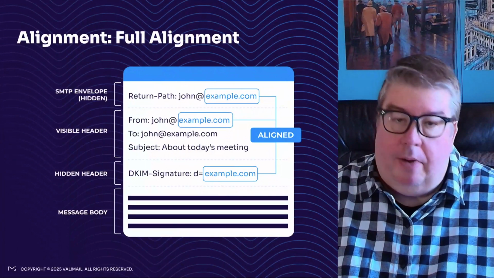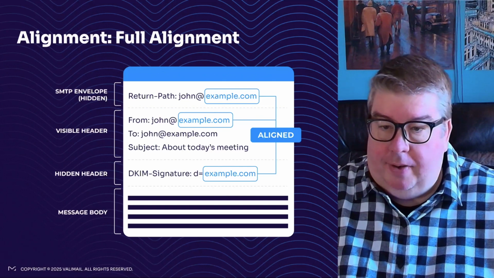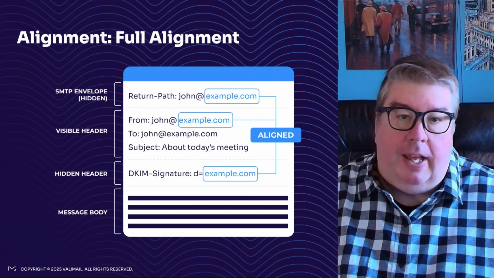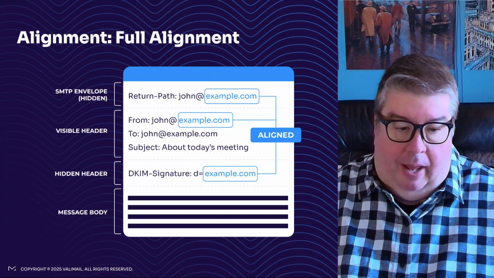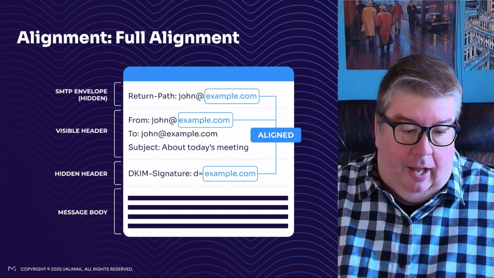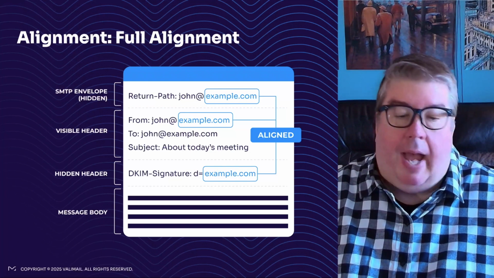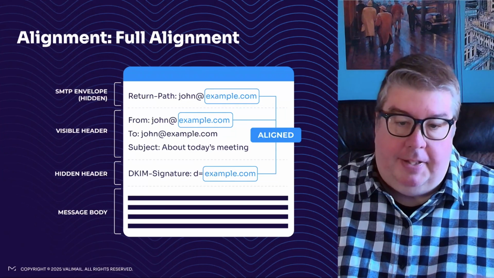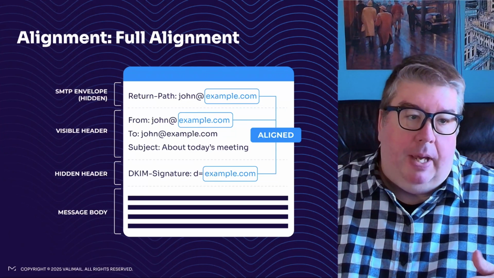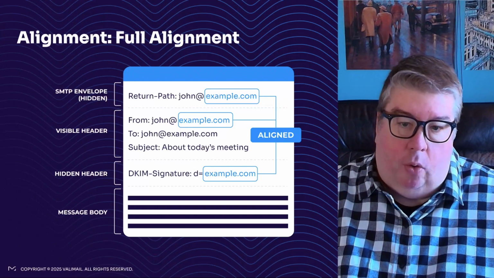So let's visualize alignment. I think this is a great way to help understand how alignment actually works in practice. This is fully aligned. If you're using an enterprise marketing cloud automation platform to send email marketing messages, newsletters, transactional messages, what have you, these typically fully align. Same if you're using a B2B one-to-one email platform like Microsoft 365 or Google Workspace.